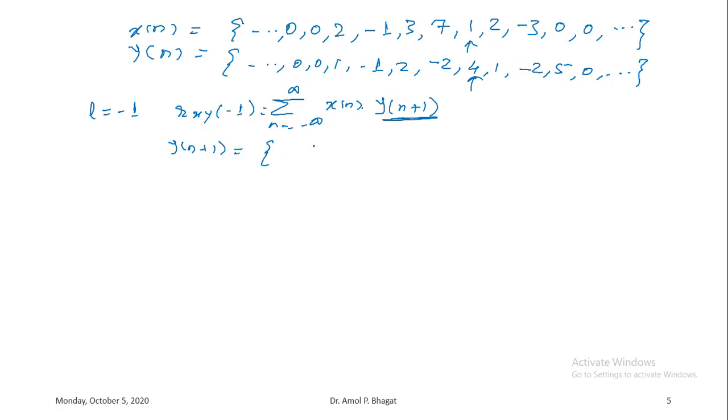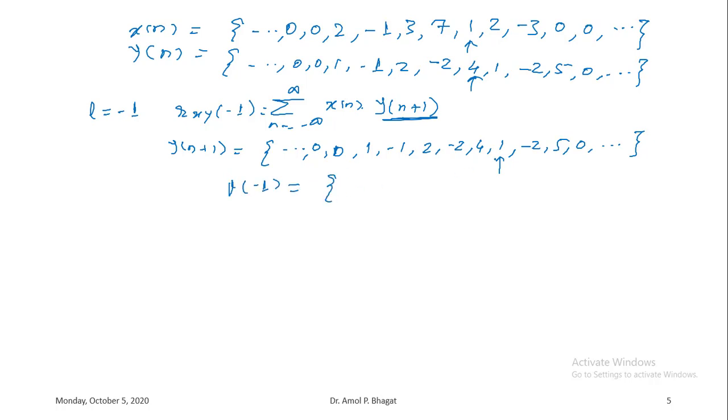The sequence values will be the same, that is 0 0 1 minus 1 2 minus 2 4 1 minus 2 5 0 and so on. Origin at 4 will be shifted to the right by one position, so it will be at 1. So this product sequence I can represent as v of minus 1.